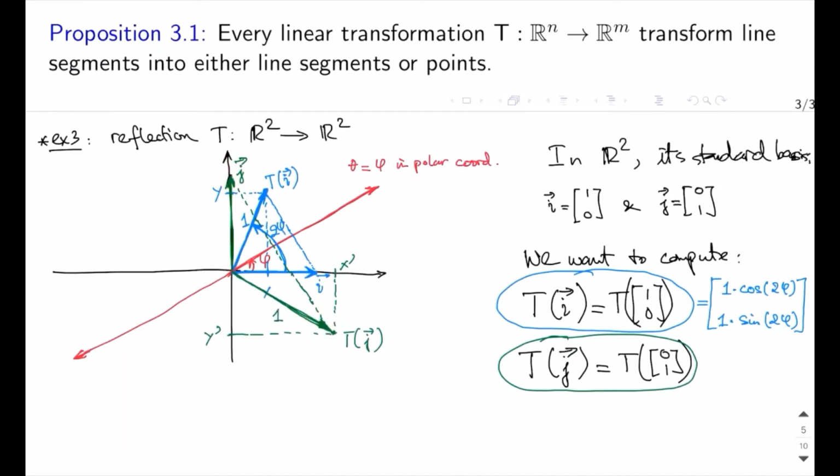Now you need to know the angle from the x-axis to the vector. What is this angle? I'm going to put it as a question mark, and we are going to solve for it.